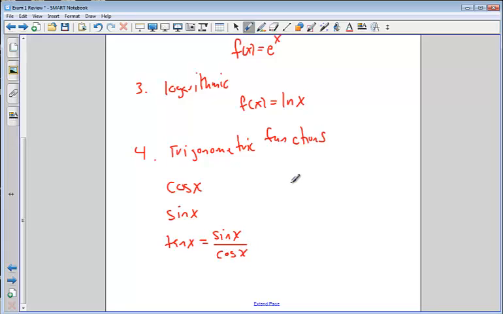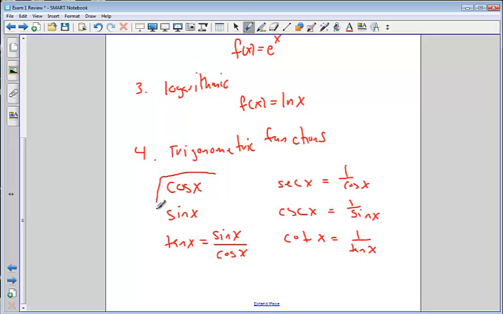And then we have their partners over here. We have the secant of x, which remember is just 1 over the cosine of x. The cosecant of x, which is equal to 1 over sine of x. And then cotan of x, which is just 1 over tan x, so it's cosine x over sine x. So really there's just 2 trigonometric functions in some sense, cosine x and sine x.